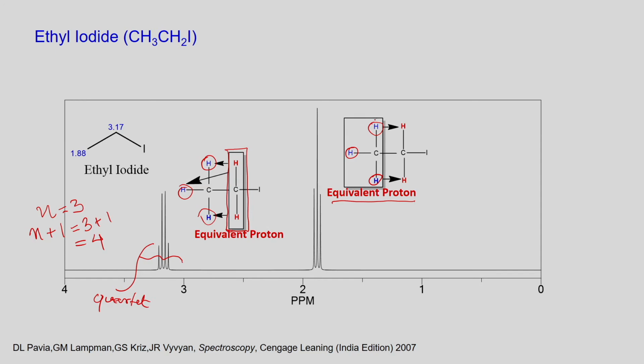Now see this entire grouping, which is a single nuclei environment, is sensing 2 different nuclei, this and this. So in this case it will be n plus 1, n will become 2 because 2 comes from these 2 protons. So it will be 3, that is why you see a triplet here.